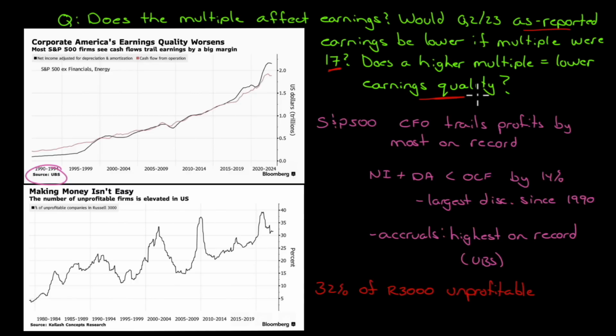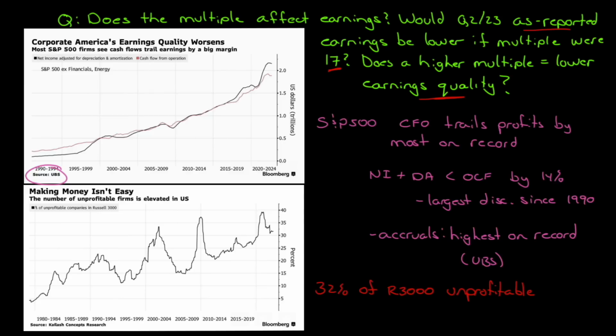Could it be that the higher multiple forces the accounting side, the CFO, to say, well, we need to justify this, and they take more and more liberties with accounting? And if that's true, we should see earnings quality deteriorate.